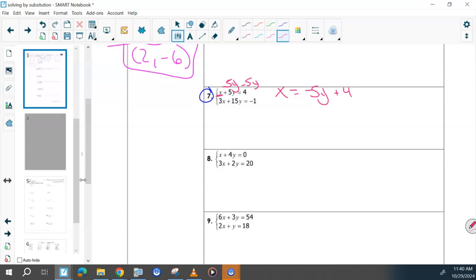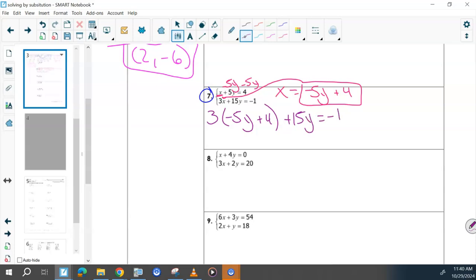And then I can take that equation, substitute it into the other one, where x is. So that would look like 3 times negative 5y plus 4 plus 15y equals negative 1. So let's go ahead and distribute that.